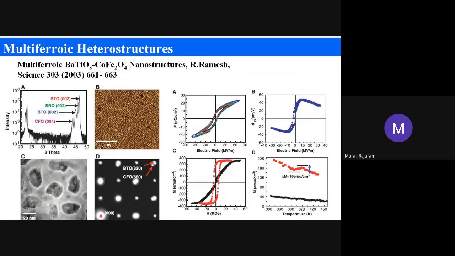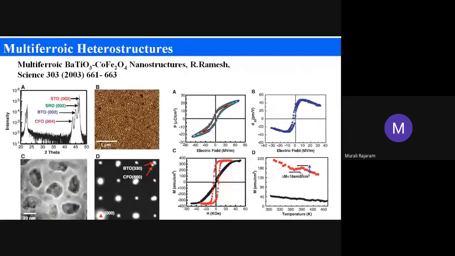Okay, so around that there is a change in the magnetization. So this shows that the electric polarization and the magnetic polarization in this kind of material are coupled together. This is their measurement on a simple cobalt ferrite thin film. It doesn't show any anomaly like this. So in the nanostructures, these two materials are coupled together.